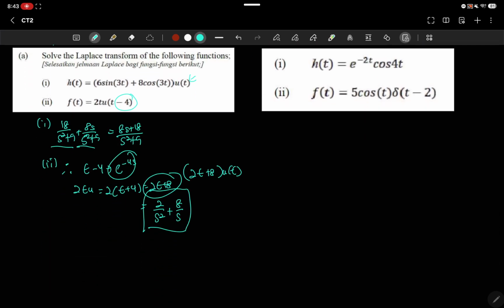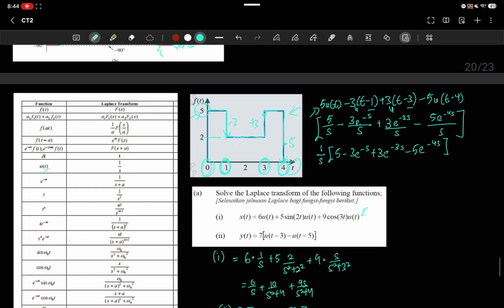Just now we had this, now we have this, you need to multiply both because these are a singular equation. So you will get this as the answer. Now for this, does it look the same? Yeah, quite. It's just the same, but you need to refer back to the table.